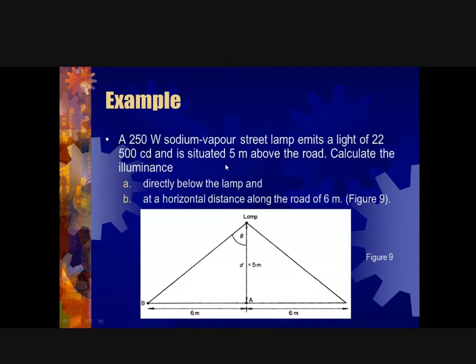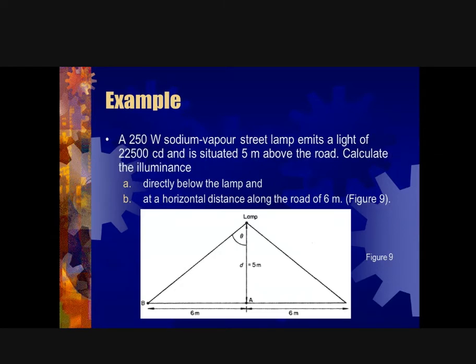Oh, it's 22,500 candelas. So let me change it in my slide. It is actually reading it as that.